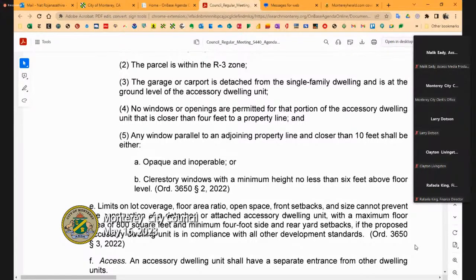And the concern that I've heard is that we're talking about a second story of an ADU that is within 10 feet of a setback. So suppose it's at 9 feet setback. As this is written, I understand that it's going to require the second story windows that face the property line, if it's inside of that 10 feet, that the windows shall be opaque and inoperable.